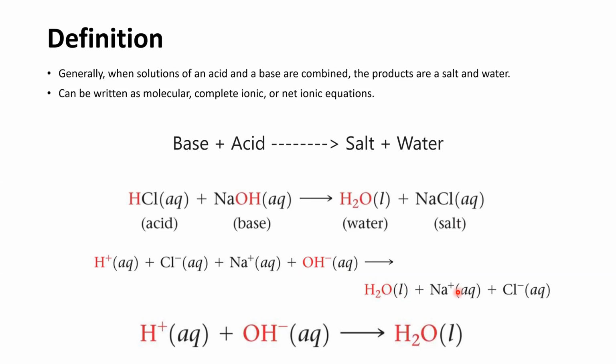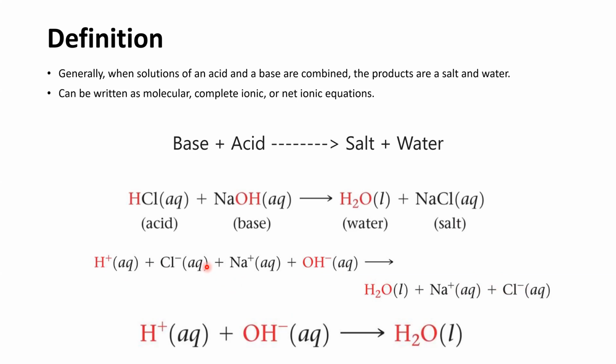Now, we are also getting the salt, and the salt is again in ionic form, because Cl is negatively charged and sodium is positively charged, right? So we write it in its dissociated, or ionized, form. This is the complete ionic equation, in which we write all of the molecules on the reactant side and the product side in their ionizable form.